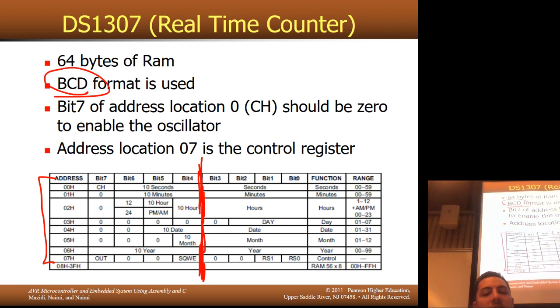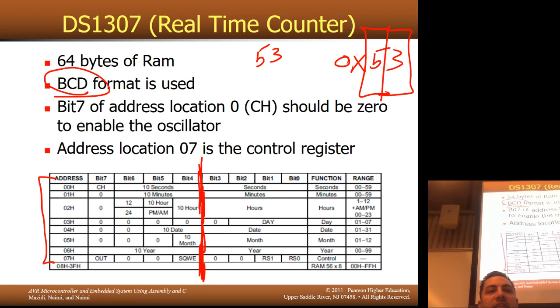So if you're looking at the number of seconds, and the number of seconds is 53, that is stored as hex 53. Which means it's very easy to split this up and turn it into a 7-segment display number. Because it's not stored in binary, it's stored in BCD.